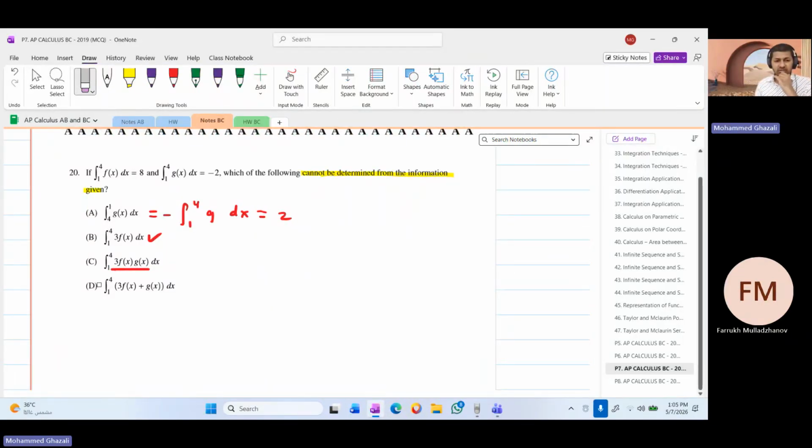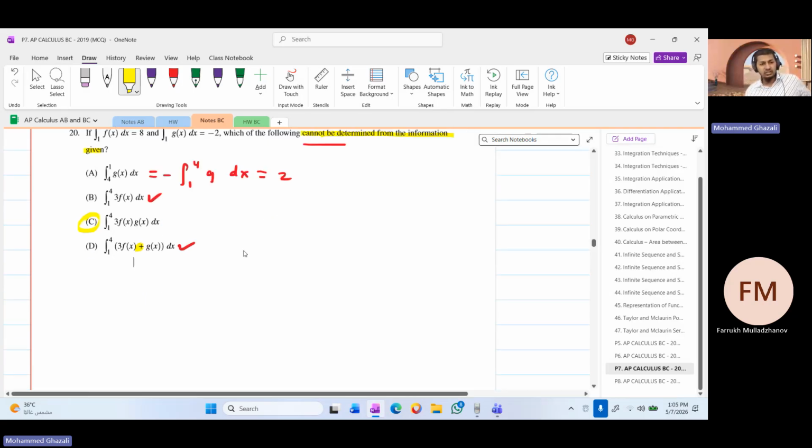You can't split integrals into division and multiplication. So that's impossible to evaluate. Right, so that's the answer. Cannot be determined. That can be evaluated. Yeah, this one can be determined because this is just a sum. We can only integrate sums and differences. You can't integrate products and divisions.